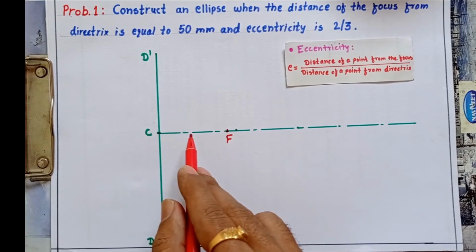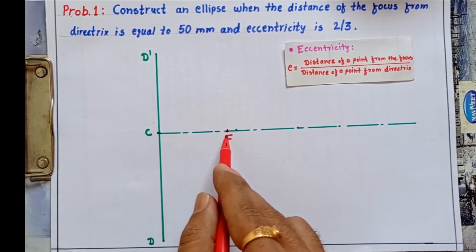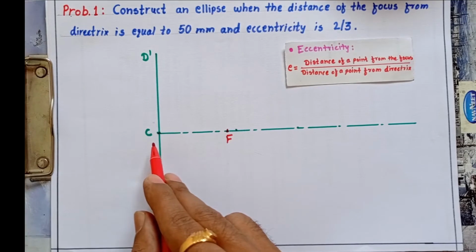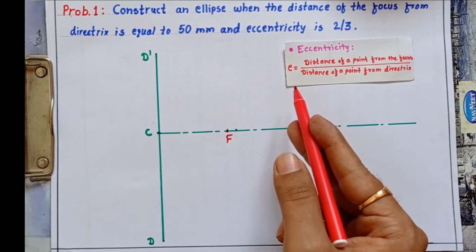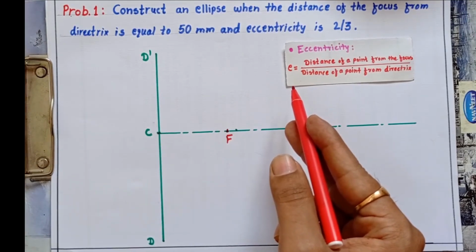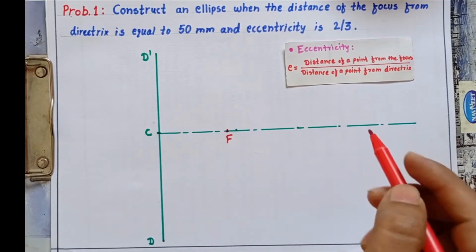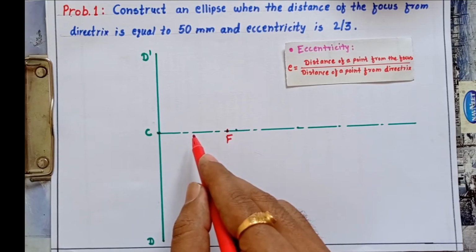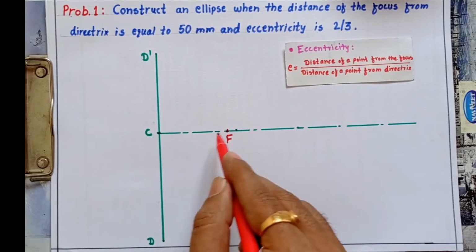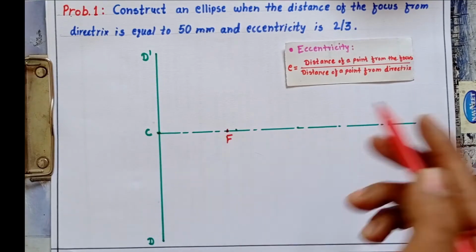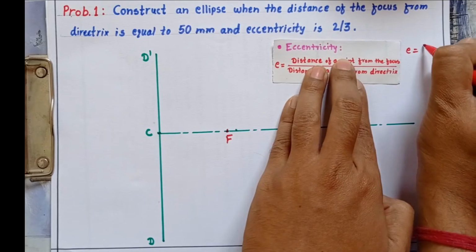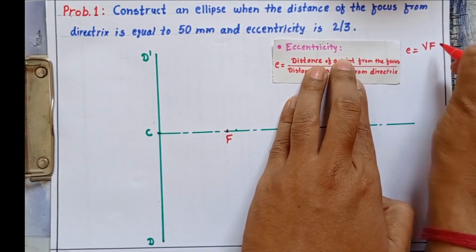The distance of that point from the focus divided by the distance of the same point from the directrix is the eccentricity. So if we mark the point V over here, the distance of that point V from the focus is VF. So we write over here E is equal to the distance of the focus from the directrix.